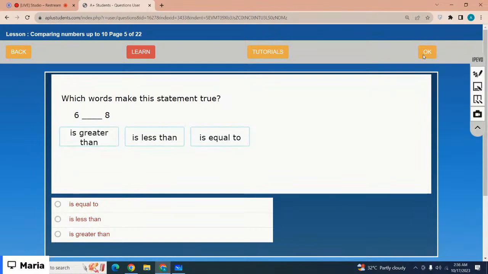Which words make the statement true? 6 and 8. Which is the correct option?